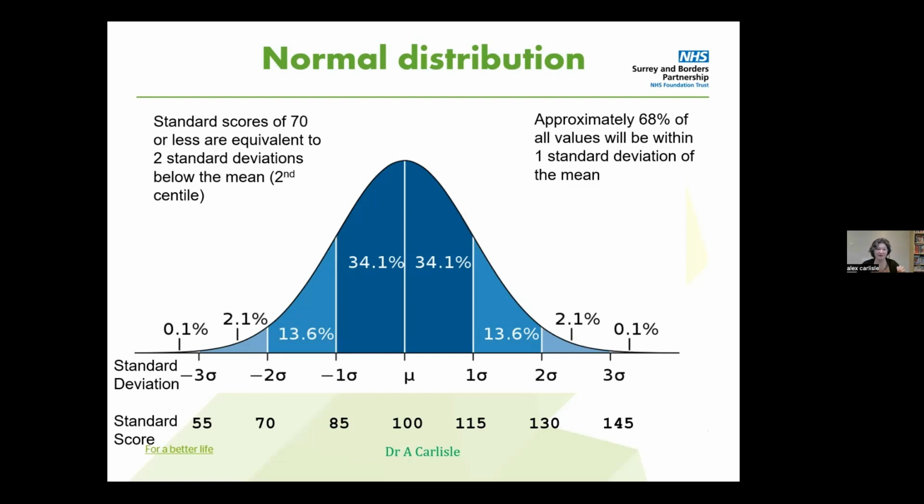So when we use a direct measure, such as a cognitive assessment, a speech and language assessment like the CELF, or an executive functioning tool, we're looking for scores 2 standard deviations or more below the mean to meet the SIGN criteria for evidence of impairment.